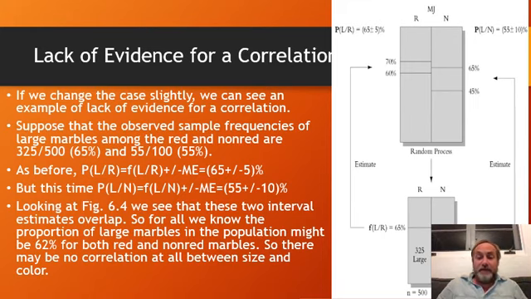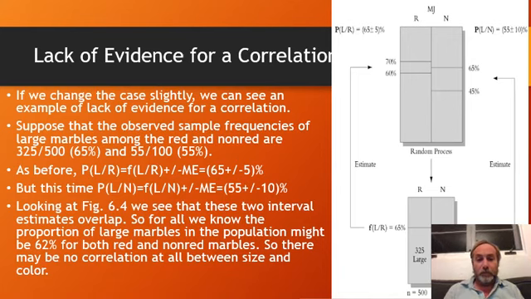But this time, the probability in the population of large conditional on being non-red will be equal to the sample frequency of large conditional on non-red plus or minus the margin of error, which is 10% again. But this time the number is 55 plus or minus 10%. So our interval on the top right there will run between 45 and 65. So now we've got an overlap, right? The lowest value for red is 60 and the highest value for non-red is 65.